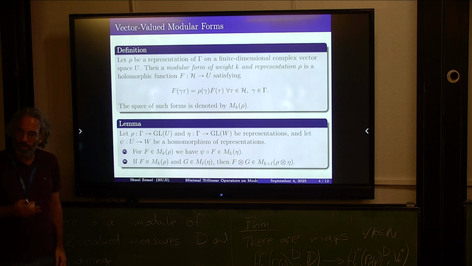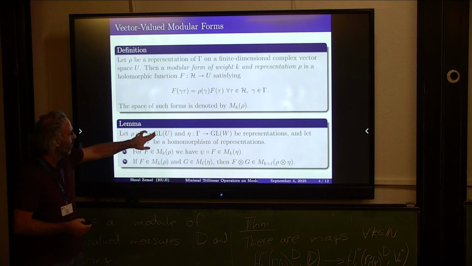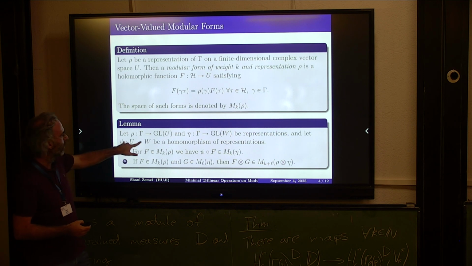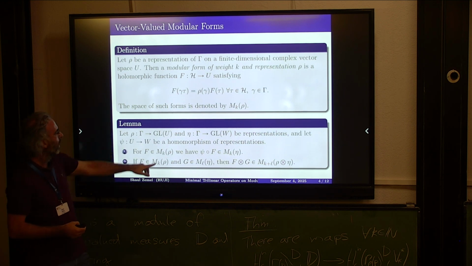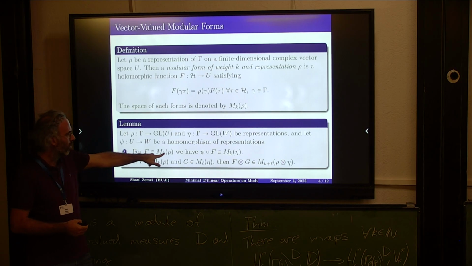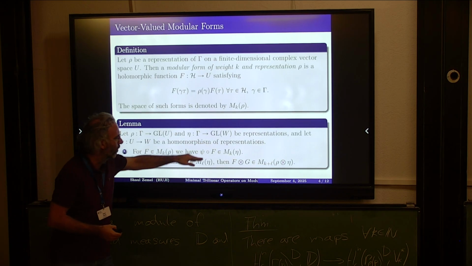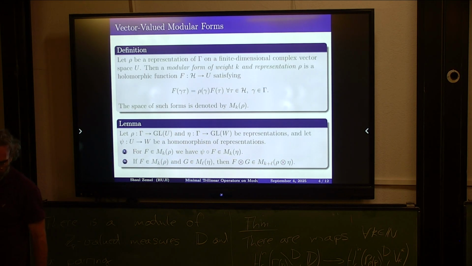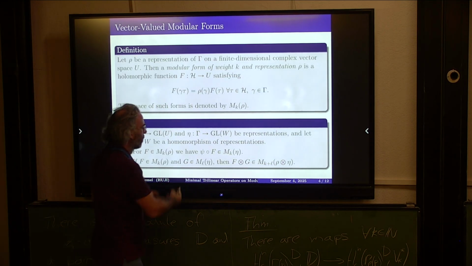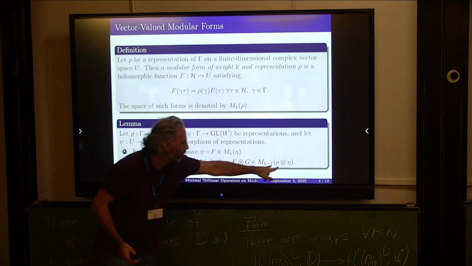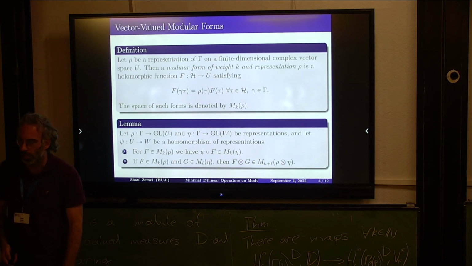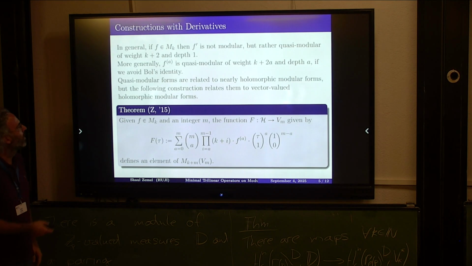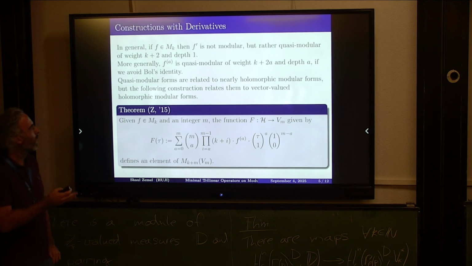And it is fairly obvious to verify that if you have one representation and a map of representations to another representation, composing a modular form with one representation with this homomorphism gives you a modular form with the same weight for the new representation, and taking tensor products will give you the tensor product representation and the sum of weights.